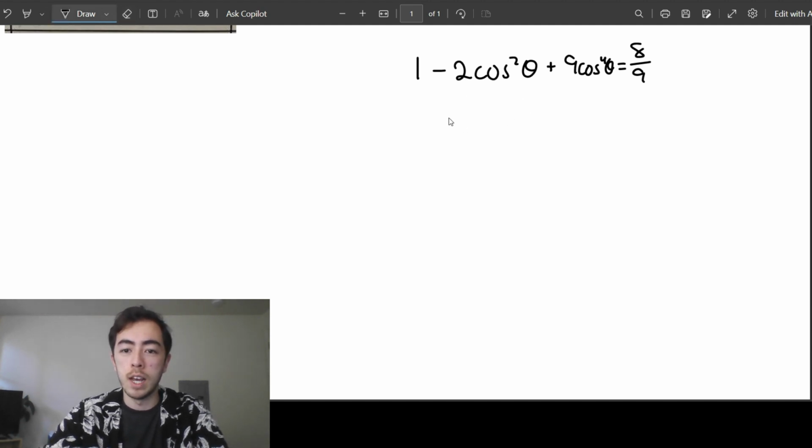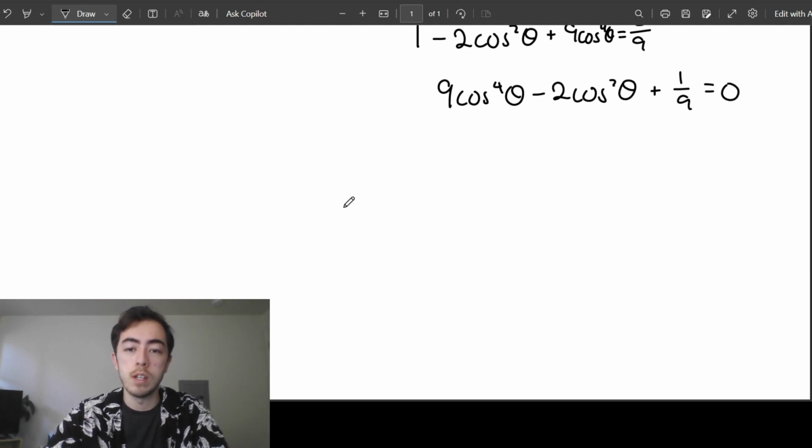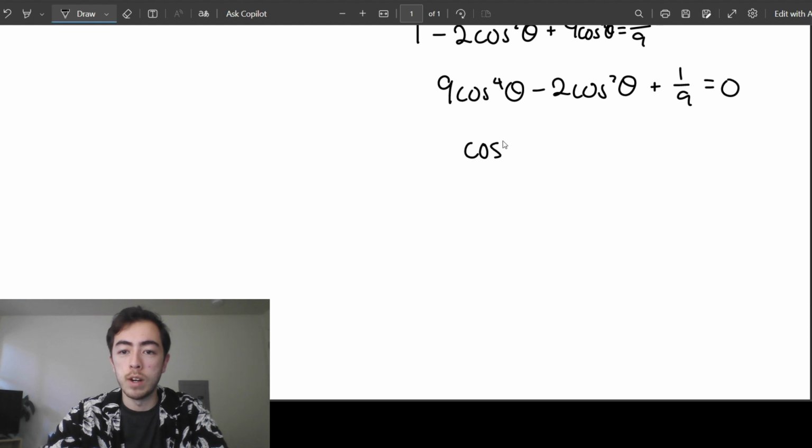I'm going to move that 9 cosine to the 4th theta to the front, minus 2 cosine squared theta in the middle, and then subtracting the 8/9 from both sides, I'll get plus 1/9 is equal to 0. And then if I do a little bit of substitution here, say cosine squared theta equals t, because we haven't used that variable yet in this problem, then I can rewrite it as 9t squared minus 2t plus 1/9 equals 0.